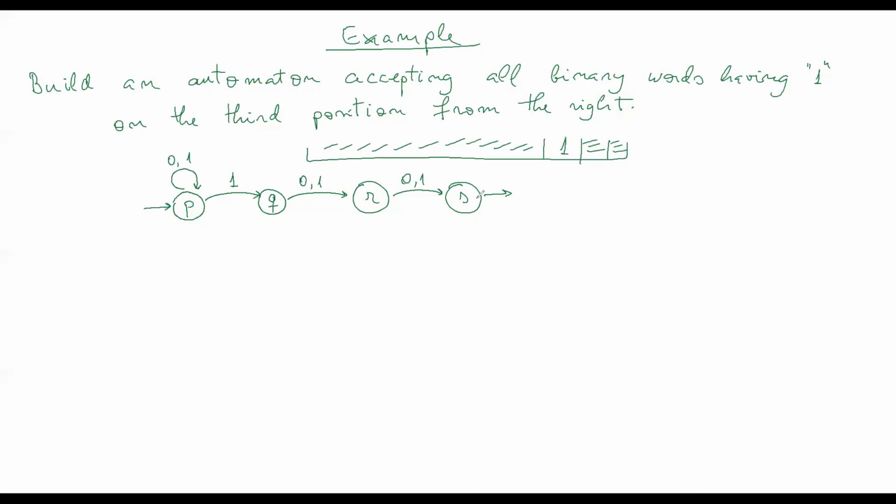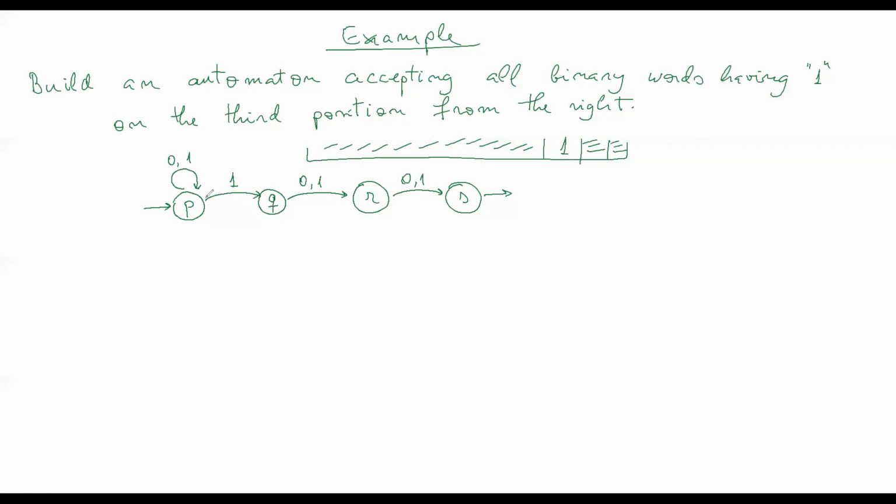And so the big conceptual difference here with respect to deterministic automata is really in this position P, because you have a transition with 0 and 1 that says you stay in state P, which is the same as saying, I don't think that the position I'm reading from the input is the third from the right. So I keep waiting.